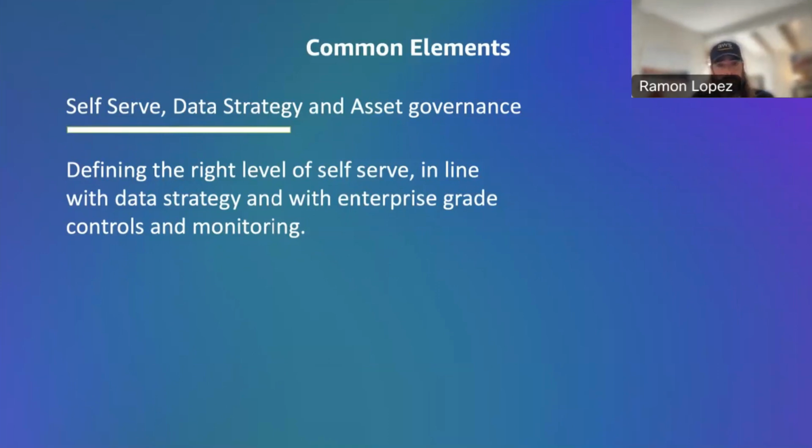This depends on your organization, what industry you're in, and your general philosophy about data. But at the end of the day, defining the right level of self-serve, making sure that it's in line with your data strategy and supportive of enterprise controls and monitoring of the application, is going to be critical whichever BI deployment you choose.